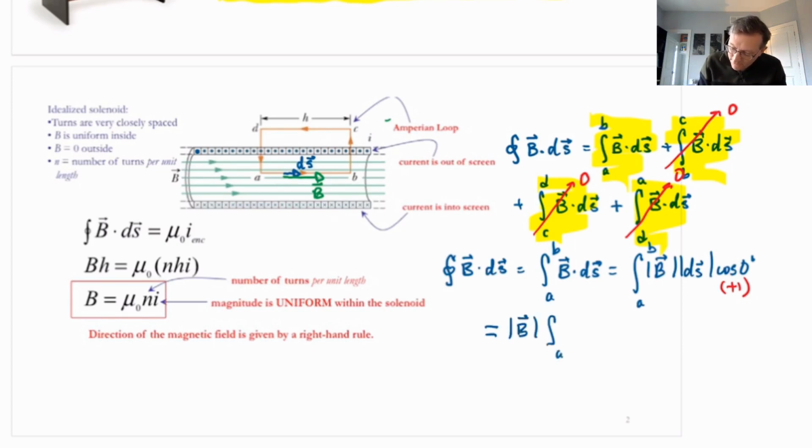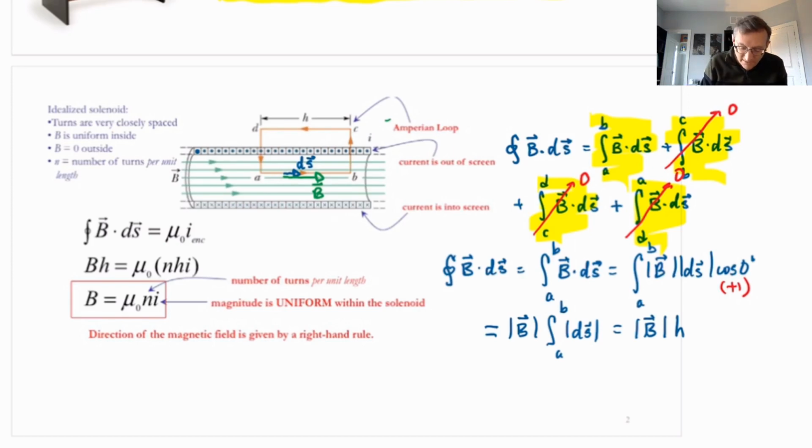Now I'm just integrating from point A to point B all the little step sizes ds, but that's just going to be the total distance from little a to little b, right? Just from A to B. But that's that length that we're calling h. So I just have magnitude of B times h. And that's my expression for the magnetic circulation.